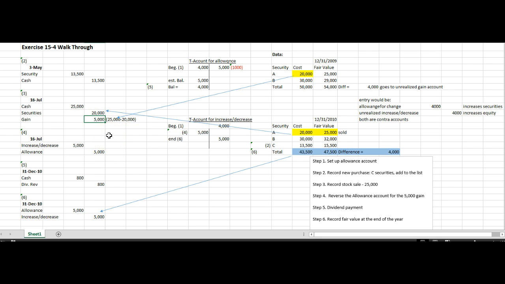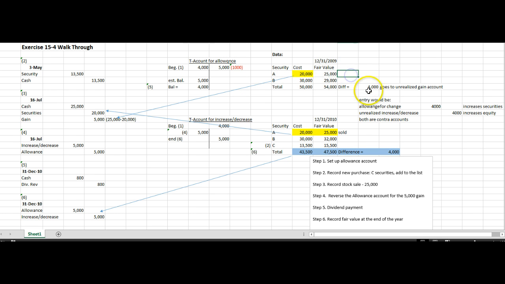Now we're not finished, because you have to remember I've got this allowance account for change up here, and I've got this decrease here. So what was the amount associated with security A that went into this original account? That would be that $5,000, right?